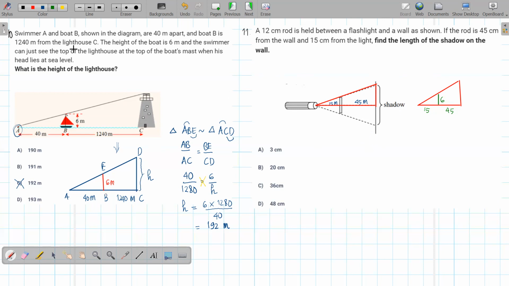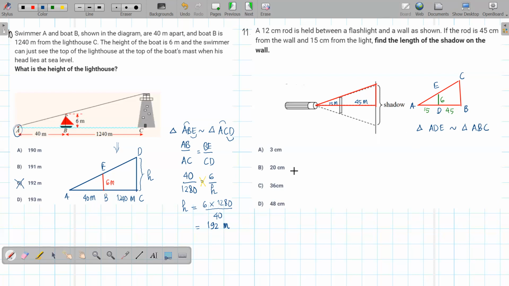Say it is triangles A, B, C, and then D, E. The triangle ADE is similar to triangle ABC, because they have a common angle here.